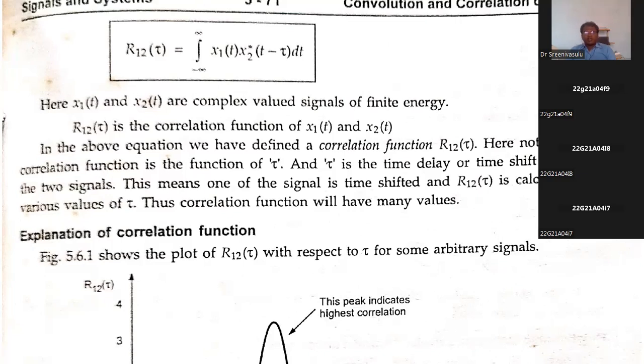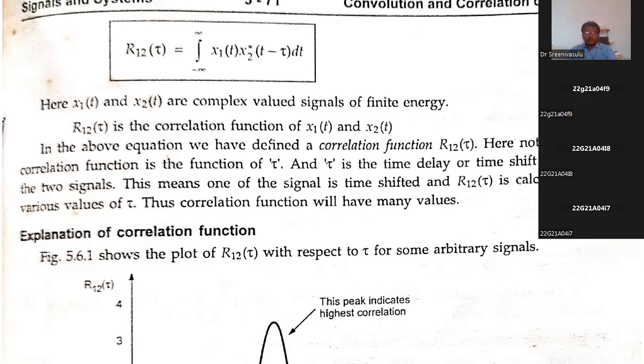The difference between the time intervals t plus tau minus t is nothing but tau. Here also the same scenario. You consider the difference between the two intervals t minus tau minus t, we are going to get minus tau.